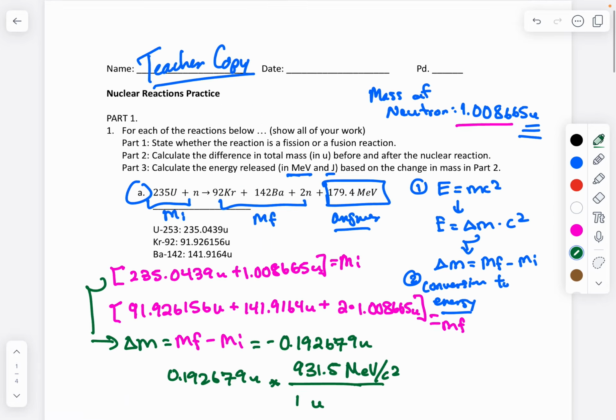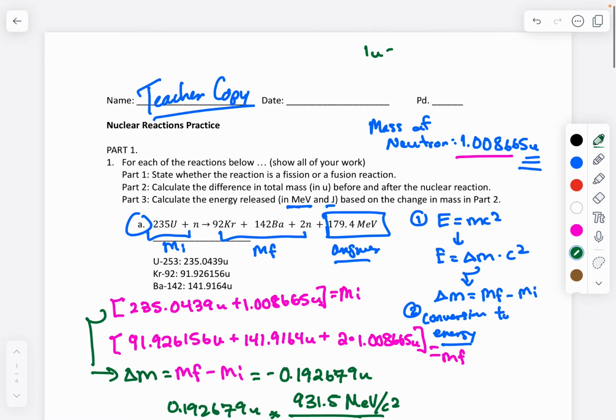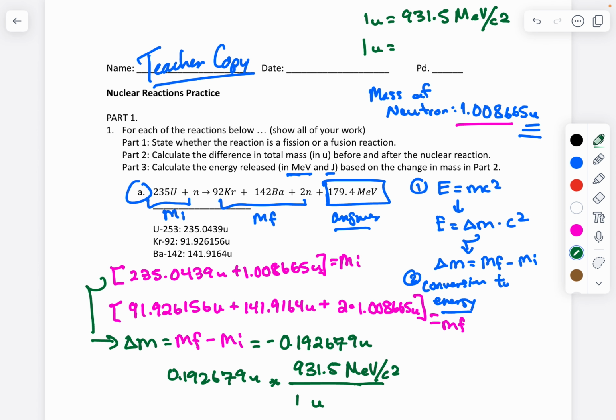It's just a conversion unit, 931.5 MeV/c squared. And 1 U is also equal to 1.66 times 10 to the negative 27 kilograms. You should have these numbers somewhere in your IB packet.